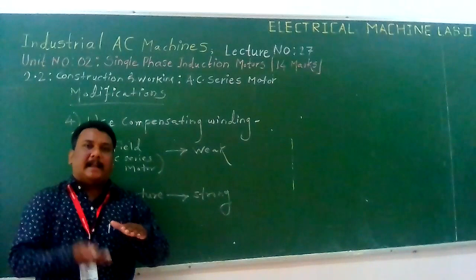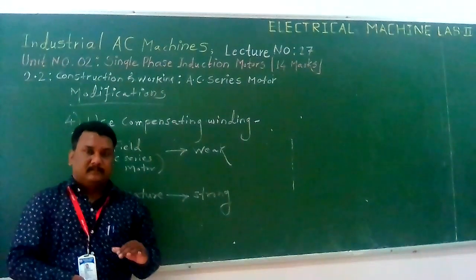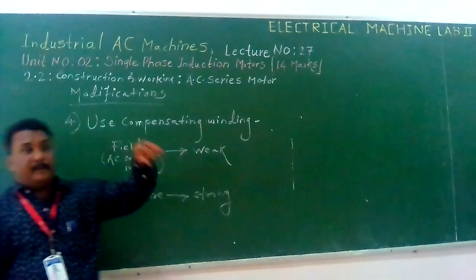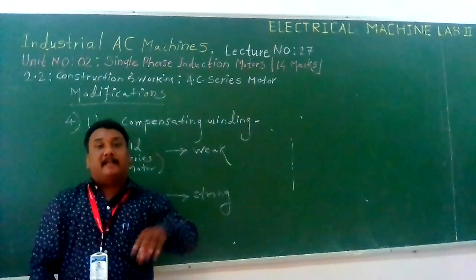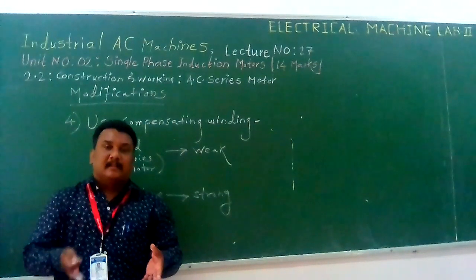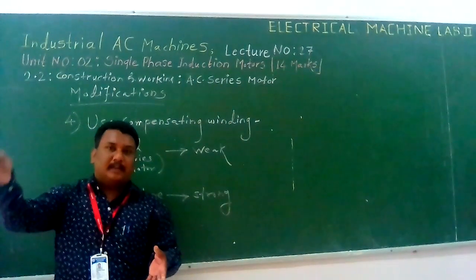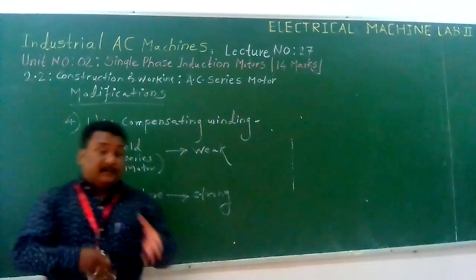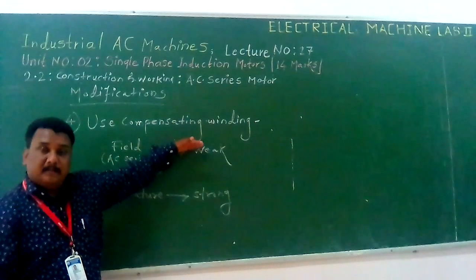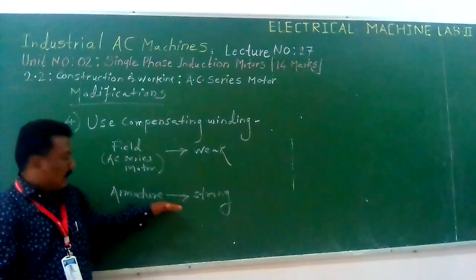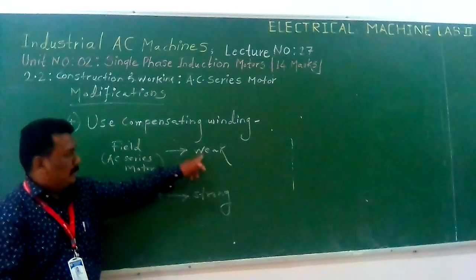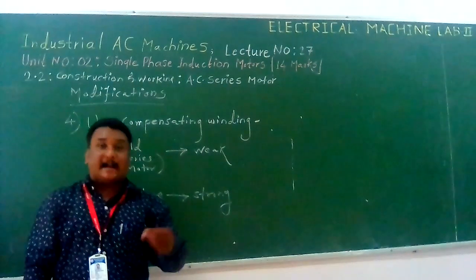Between the field and armature an air gap is present, and by giving supply to the field winding, this flux is cut by the armature winding, which produces current in the armature conductors, and this current is responsible for producing the torque. But this armature current's magnetic field links with the field winding, which is already weak. So this is the concept of armature reaction.